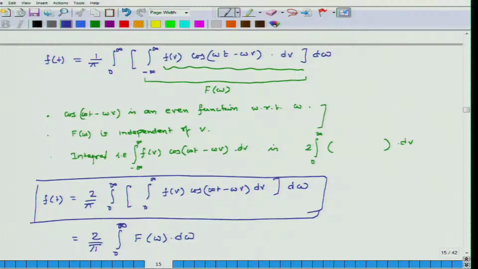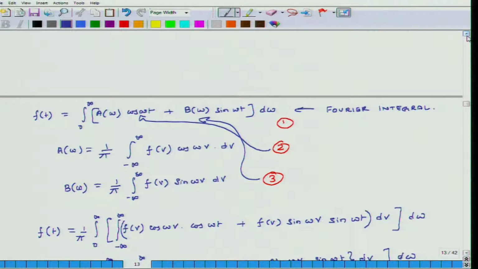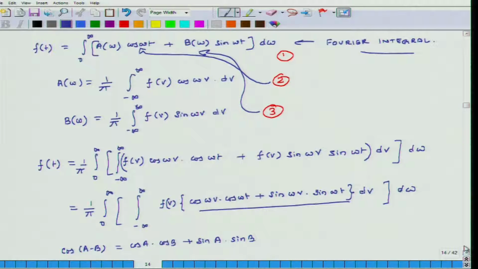So what we have done in this class so far is that we started from a Fourier integral. We substituted the values of a omega and b omega into the Fourier integral. That's all we have done.